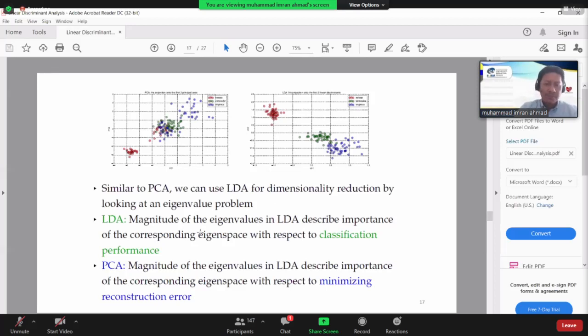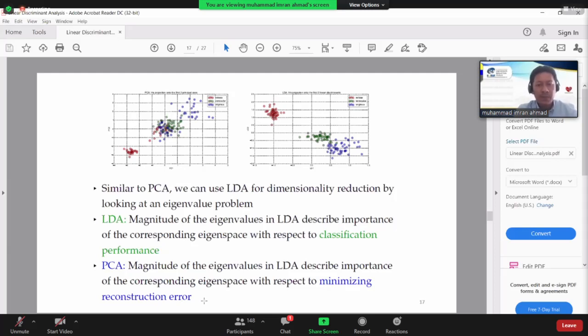So in LDA, the magnitude of eigenvalue describes the importance of the corresponding eigenspace with respect to classification performance. However, the magnitude of eigenvalue in PCA describes the importance of the corresponding eigenspace with respect to minimizing reconstruction error.